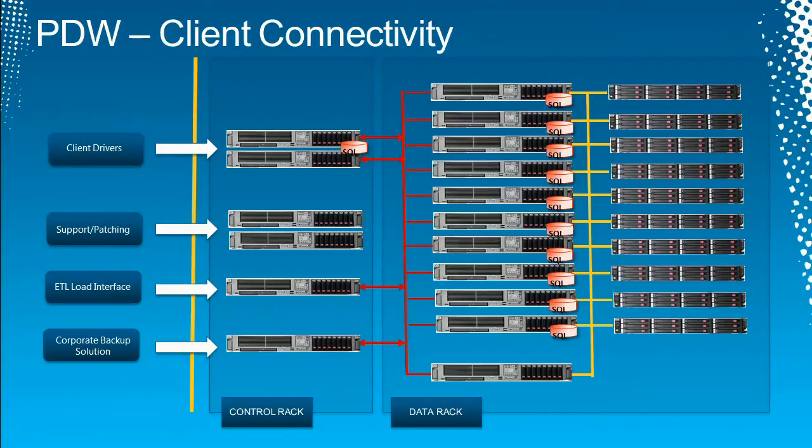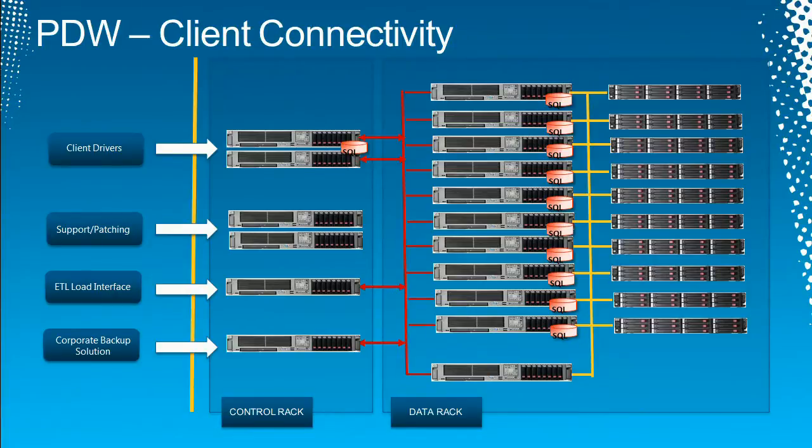So the client driver, the standard driver that you're going to see is we have a connector for SQL Server Integration Services. So we have a PDW input and output connector.